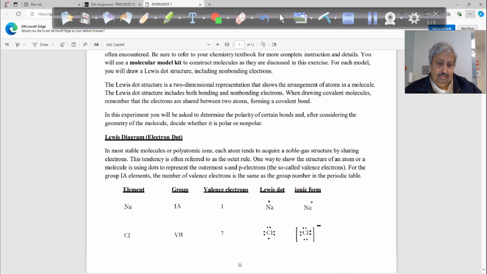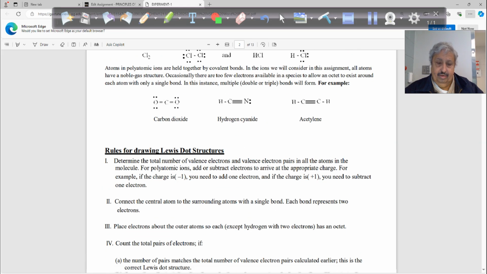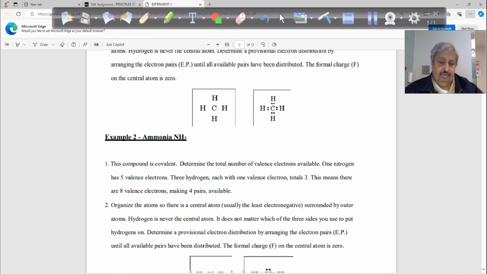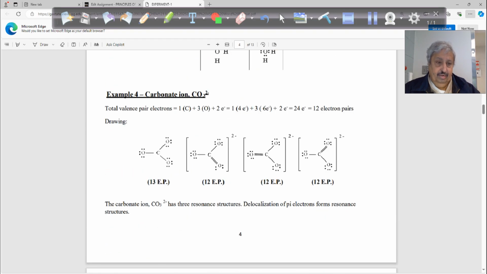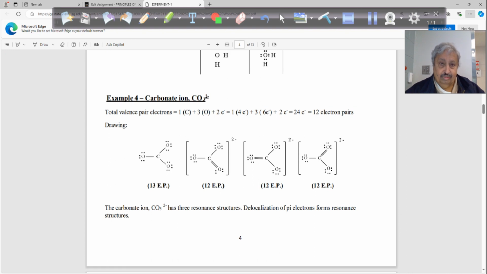Let's look into this one here, the procedure. Those are the resonance structures. Can you see those are resonance? The double bond is moving around. So it is one double bond, and then it moves.